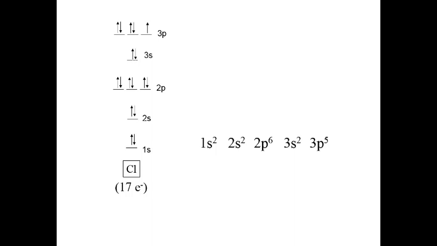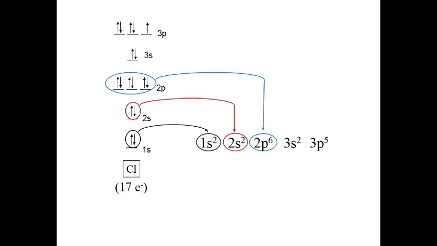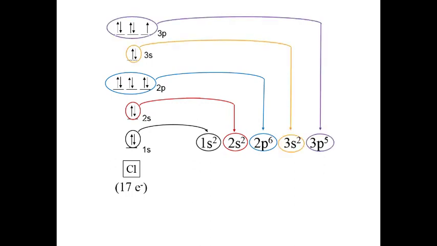If we look hard, the configuration is just another way to express the same information that is contained in the energy level diagram. There are 2 electrons, shown by the 2 arrows, in the 1s orbital, 2 electrons in 2s, 6 electrons in 2p, 2 electrons in 3s, and 5 electrons in 3p.